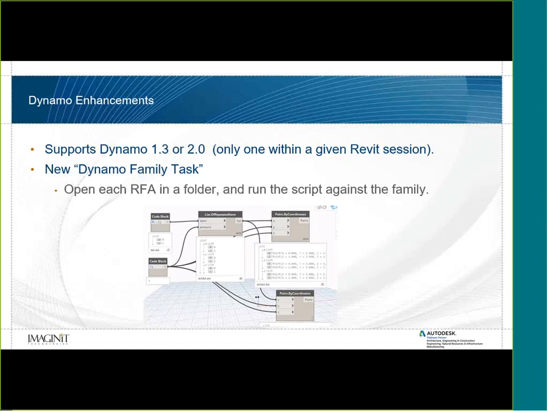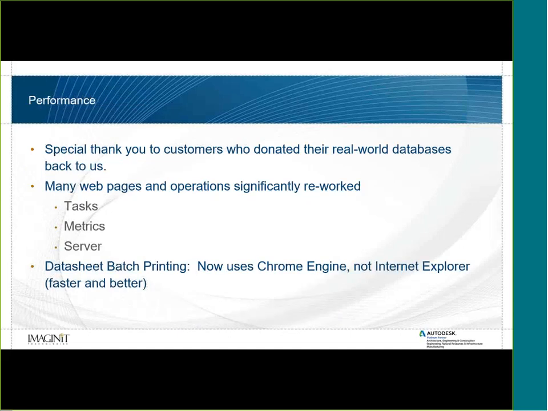After that, just some general fit and finish types of items. We've got some performance increases. We've run into places where we've got some owners, some design companies, some various people who have been working on very large projects.